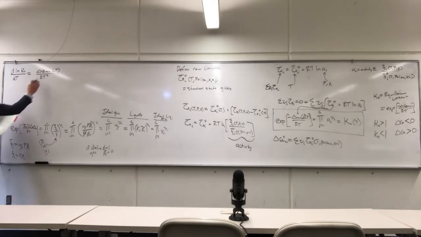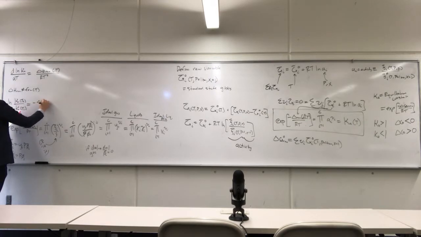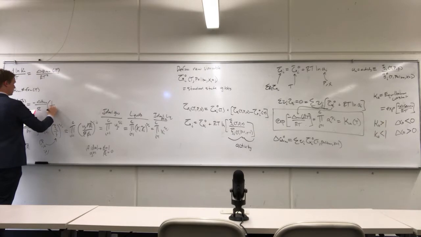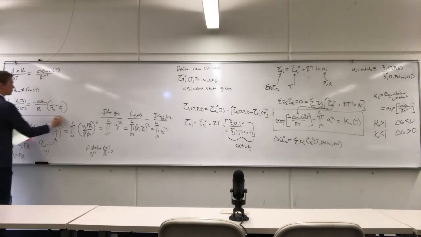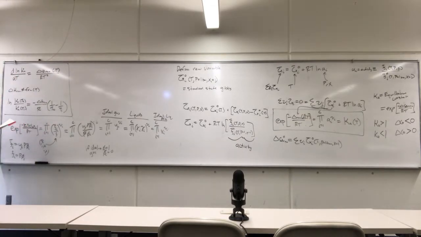And then lastly, if we can assume that the heat of reaction is constant, so if delta H of reaction is not a function of temperature, we can partially integrate this expression. I believe that kind of wraps it up.